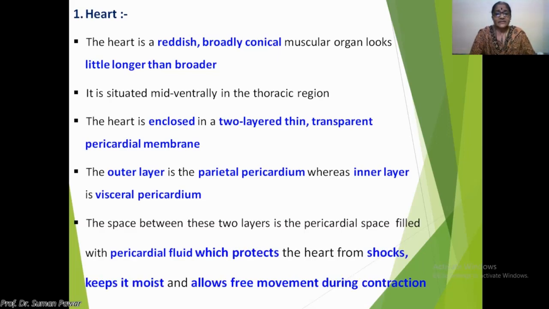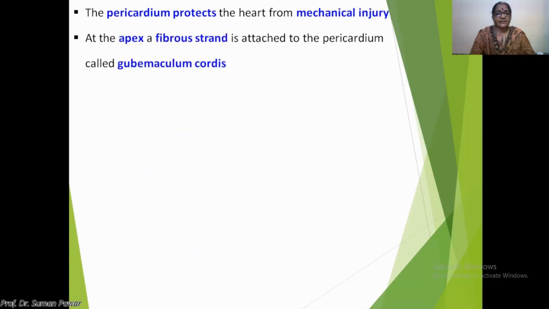And the space between these two layers is called pericardial space, which is filled with a specialized fluid called pericardial fluid, which mainly protects the heart from mechanical shocks, keeps the heart moist and thus allows the free movement of the heart during its continuous contraction and relaxation. The pericardium thus protects the heart from mechanical injury.